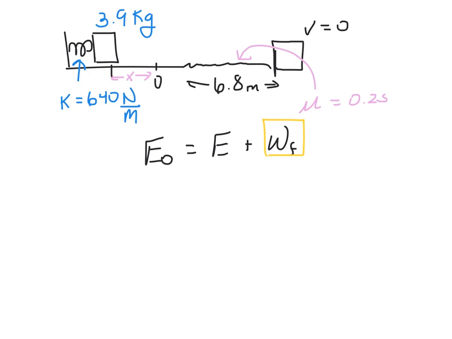All right. At the beginning, I am looking at whenever the block is pressed against the spring. I see that there is a spring, so there is a spring potential. It doesn't have a height, so there's no gravitational, and it's not moving, so there's no kinetic. So the only starting energy that we have is 1/2 k x squared.